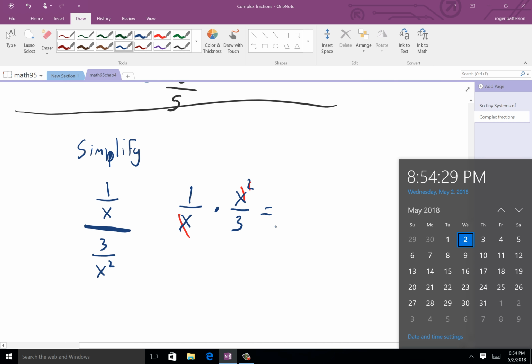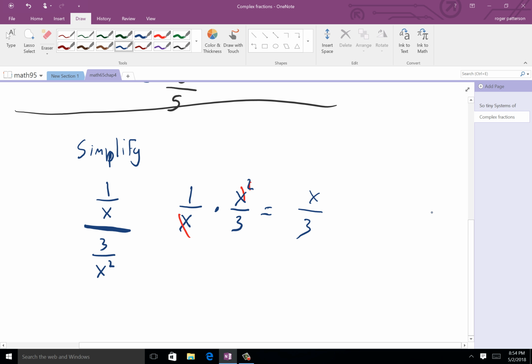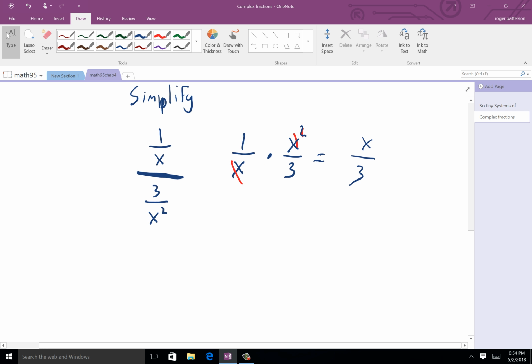Can't do anything with that, but I reduced these x's down, so this x is gone. I have 1x on the top, and I have 3 over there. So there's my answer. I can't do anything else. It's simplified. That's it.